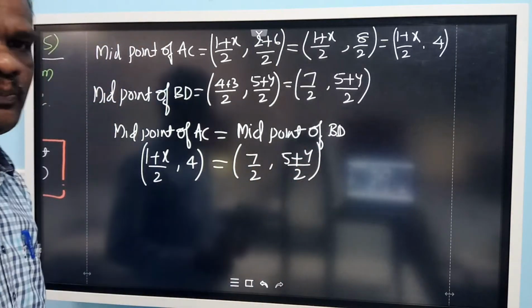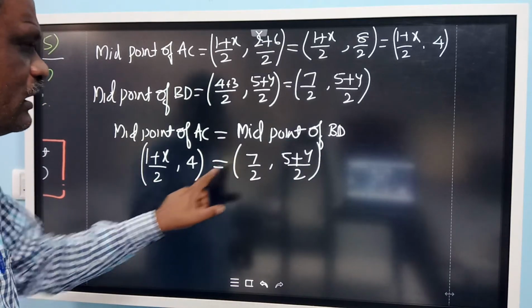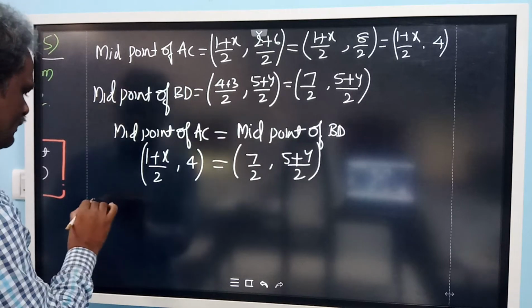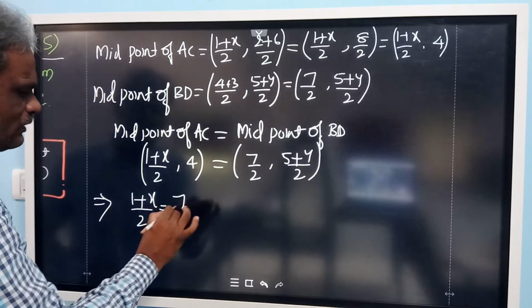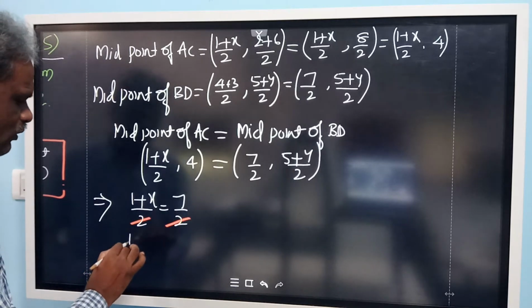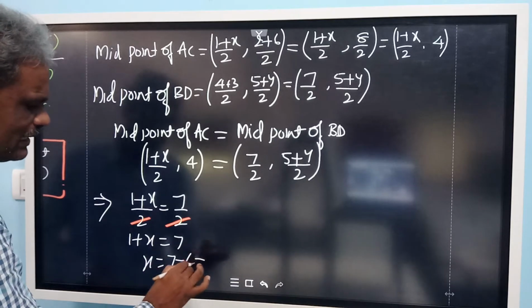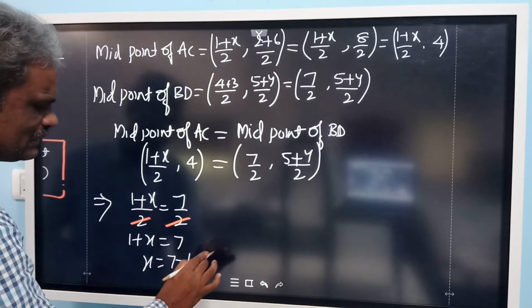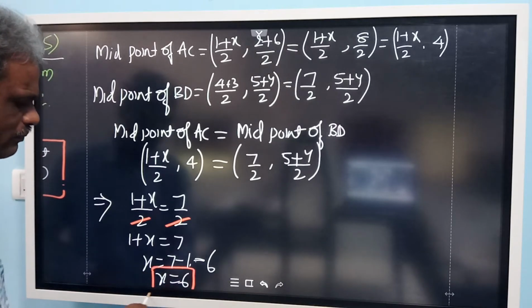If these two points are the same, the x coordinate should be equal and the y coordinate should be equal. So (1 plus x) by 2 must be equal to 7 by 2. You can cancel the denominators. Therefore 1 plus x is equal to 7, x is equal to 7 minus 1, that is 6. So you got x equal to 6.